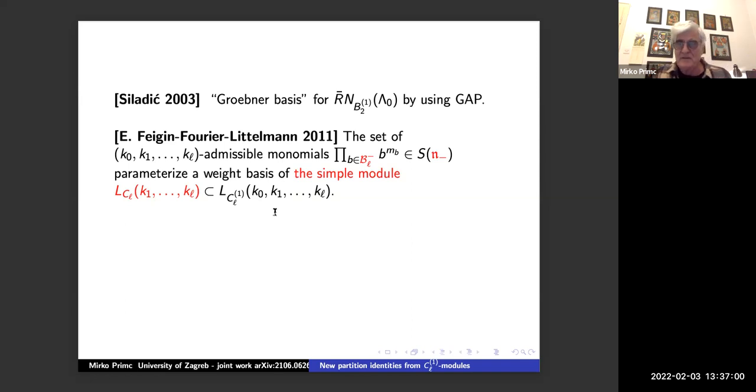So this is precisely the theorem. This is all the good news I can tell about the conjecture.